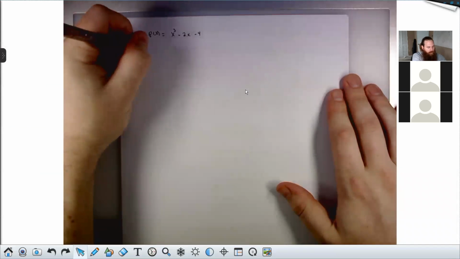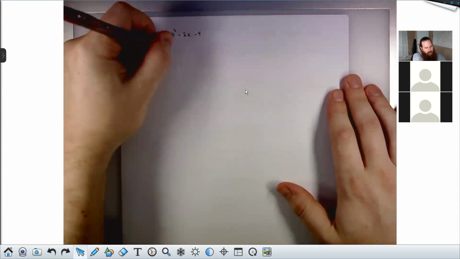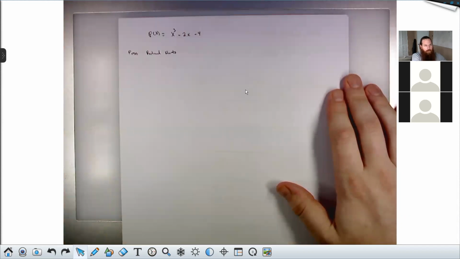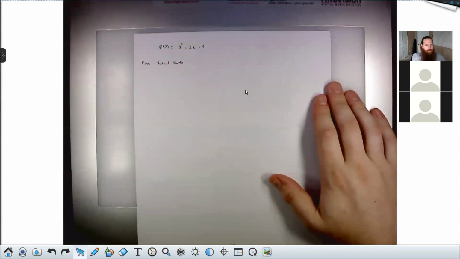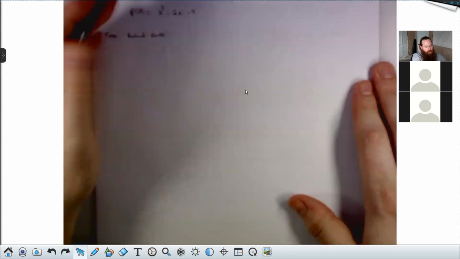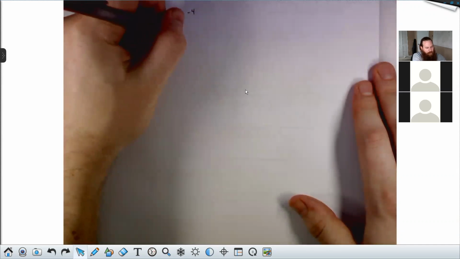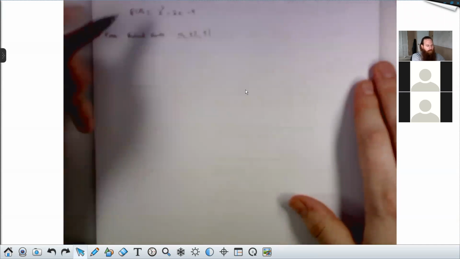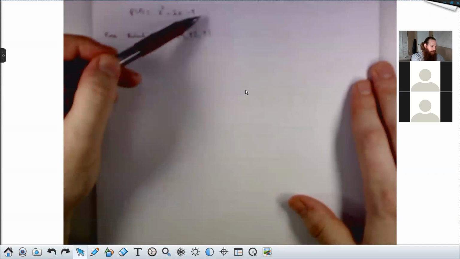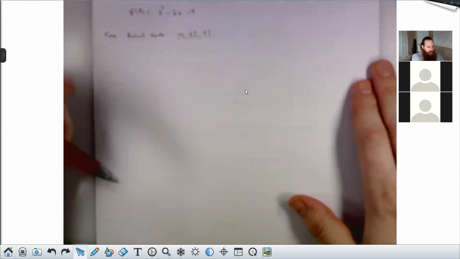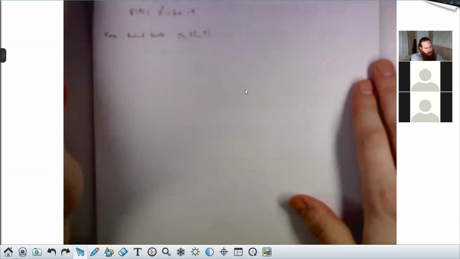So my possible rational roots are all the divisors of 4 over all the divisors of 1. That's plus minus 4, plus minus 2, plus minus 1. We can check 1 itself just by adding up the coefficients. 1 minus 2 minus 4 is negative 5. So we can rule that out right away.